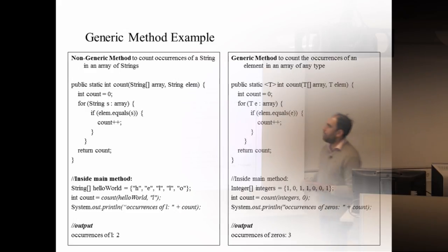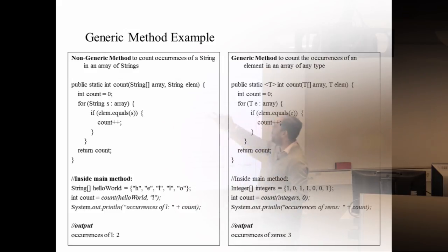But this method will work only on type String, because you have specified a non-generic type here. You cannot use it for any other type: not for integer, or your own reference type, or double, or boolean.